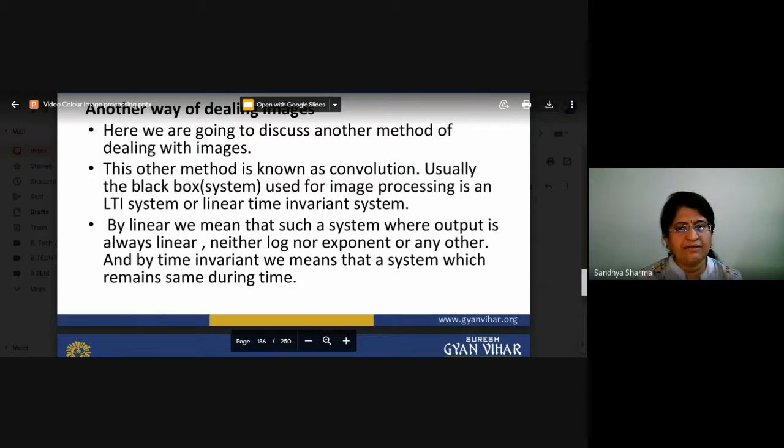By time invariant, we mean a system which remains the same over time.